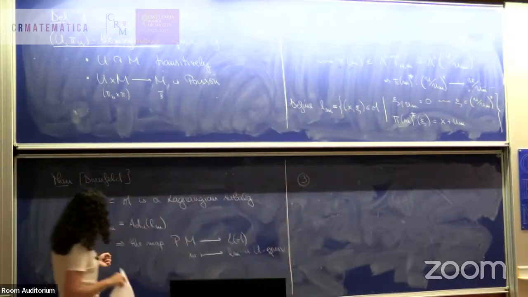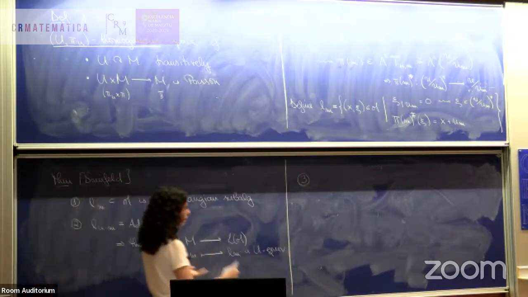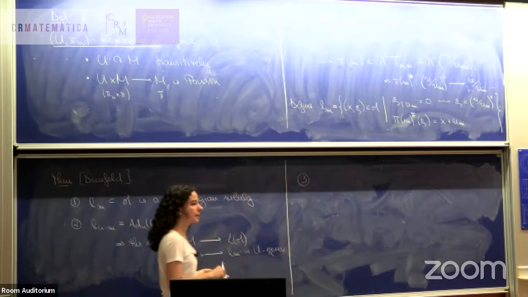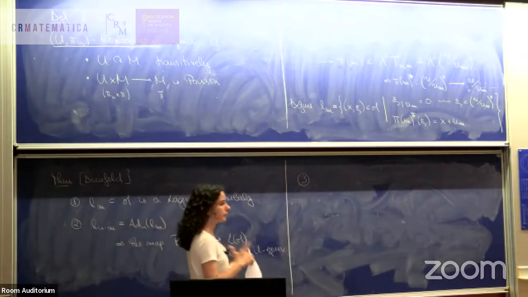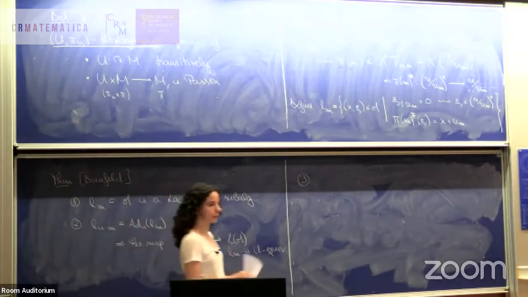And the third part of this theorem tells us that this assignment gives us on some level a correspondence between Poisson homogeneous spaces of the Poisson Lie group U and U orbits in this variety of Lagrangian subalgebras.